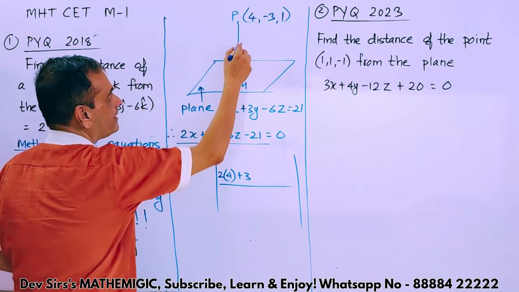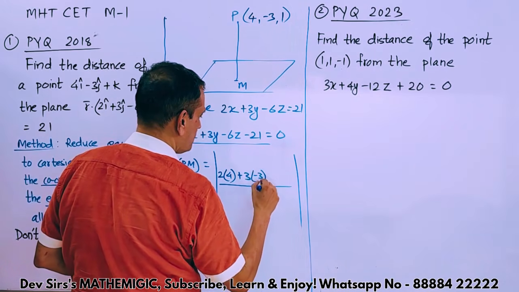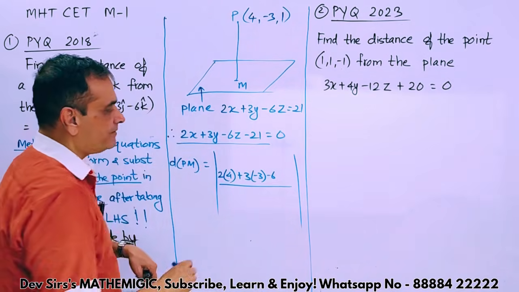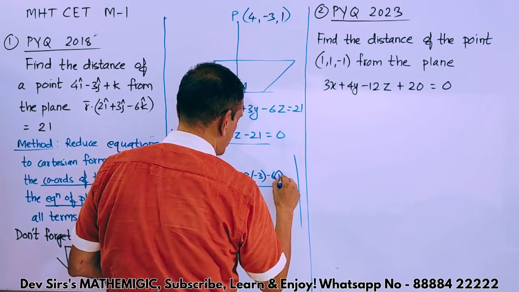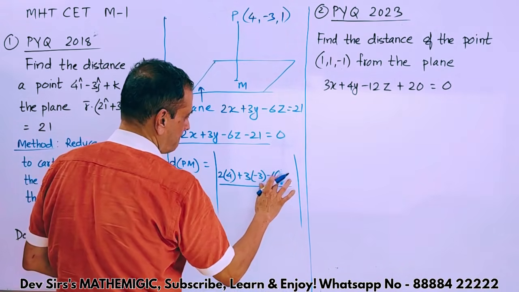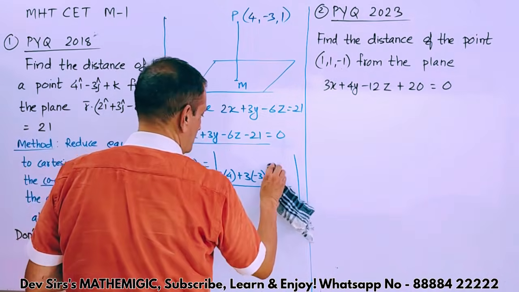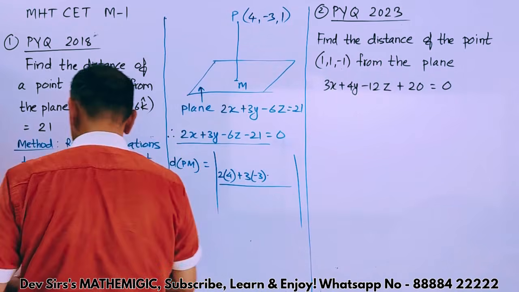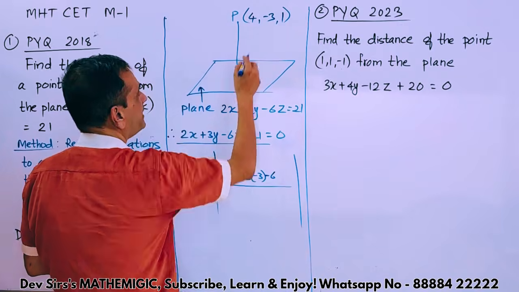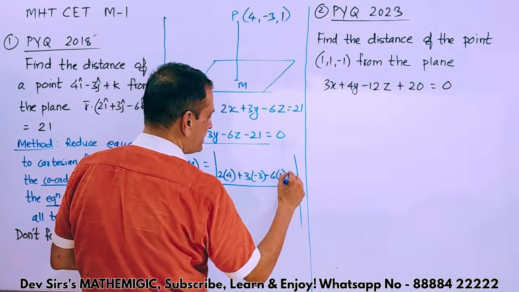In place of y, the y coordinate. In place of z, the z coordinate. The z coordinate is 1, and also include minus 21.